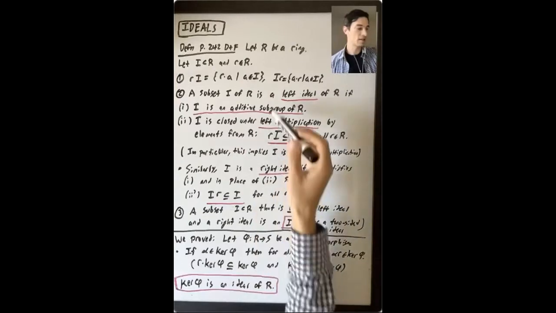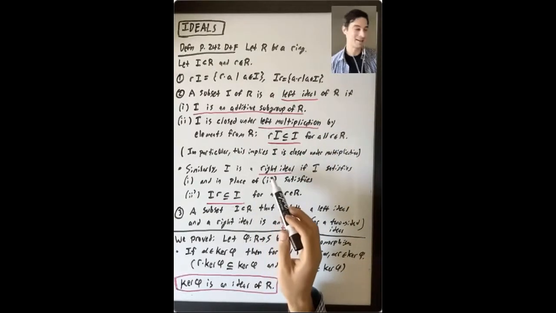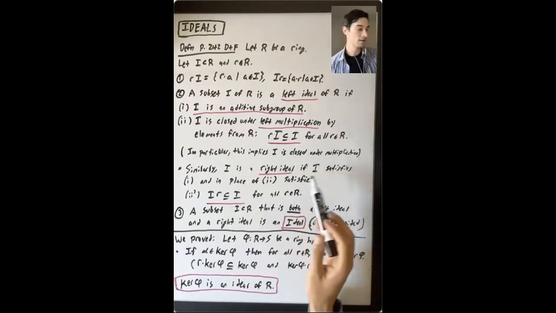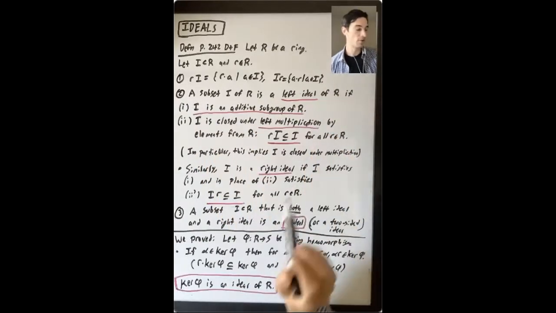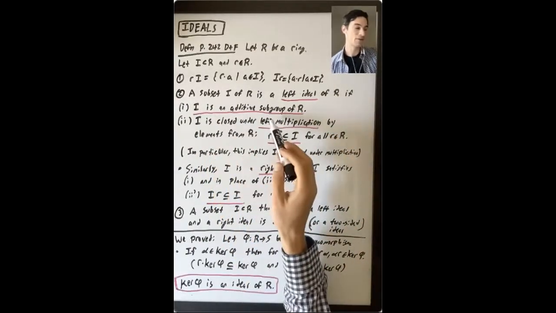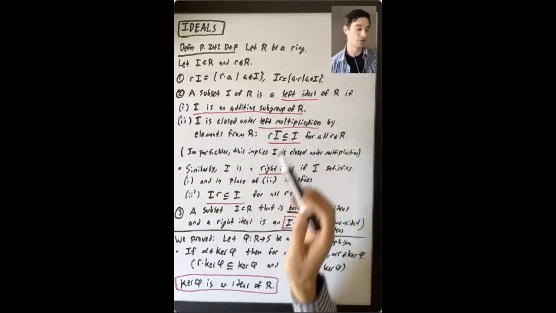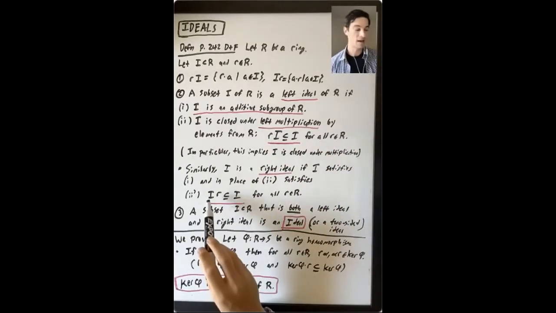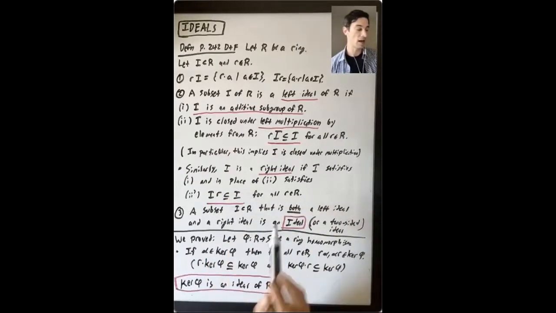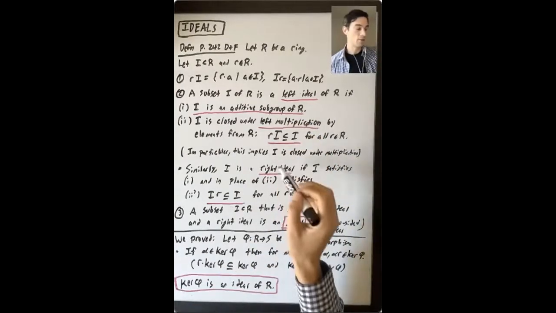Okay, so that's left ideal. Corresponding thing, very, very similar. Right ideal: I is an additive subgroup of R, but instead of being closed under left multiplication by elements from R, you have to be closed under right multiplication by elements in R. That is, I times r is contained in I for all elements of the ring. All right, so we have left ideal, we have right ideal.